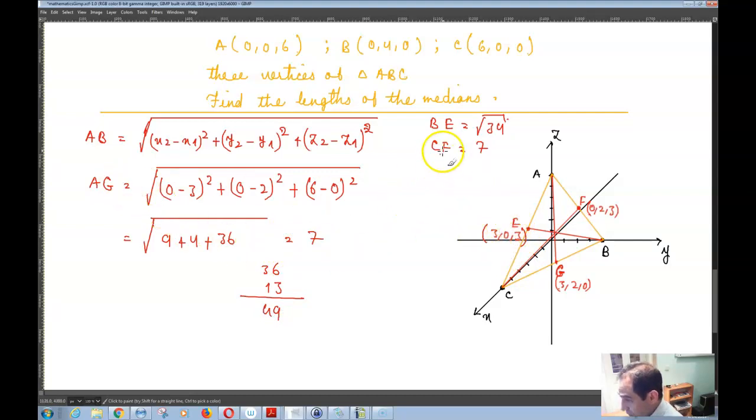So AG is equal to 7 units, and all of these are in units.